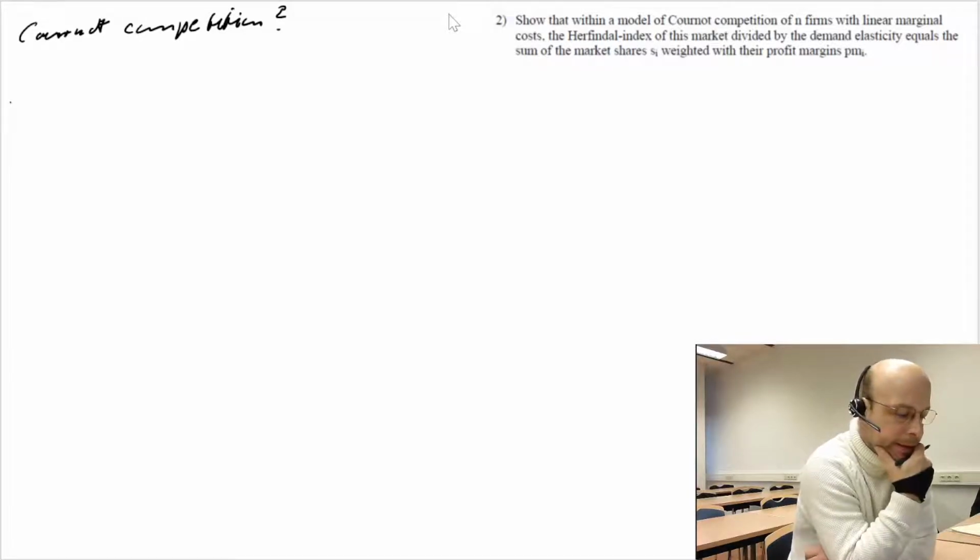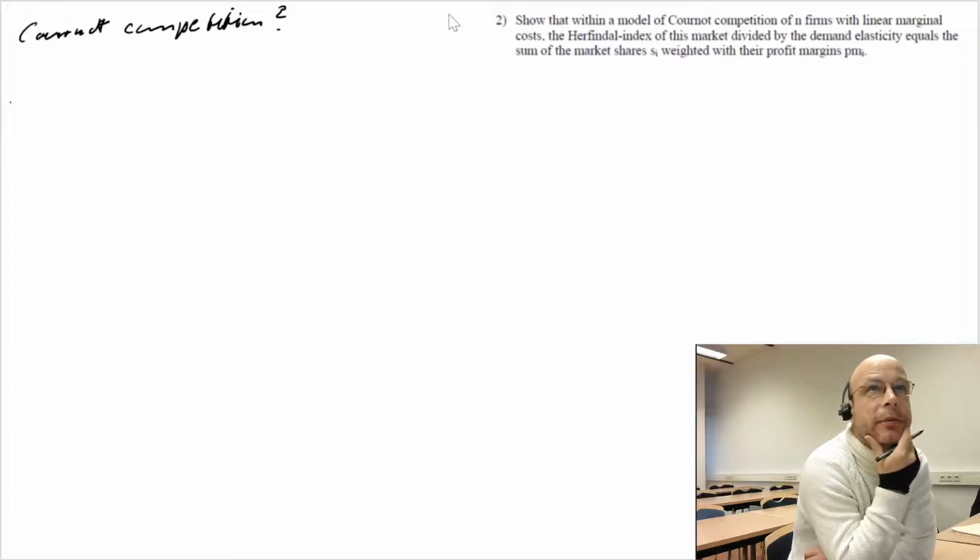So then let's think about two firms competing. And competing in Cournot competition means with respect to which variable do these two firms compete.